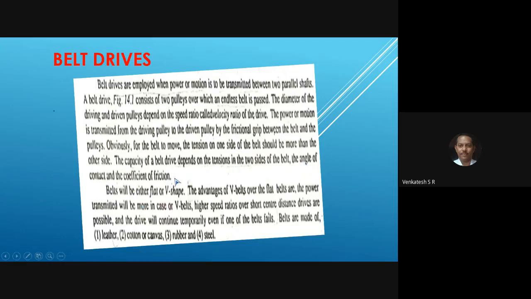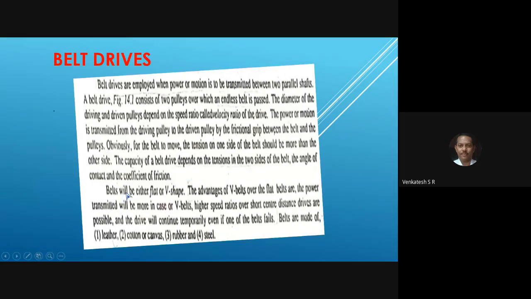In bracket, write down mu. The angle of contact is very, very important. The angle of contact is how the belt makes contact with the pulley, and the coefficient of friction. Due to the coefficient of friction only, you have the drive transmitted from one place to the other place. Full stop.